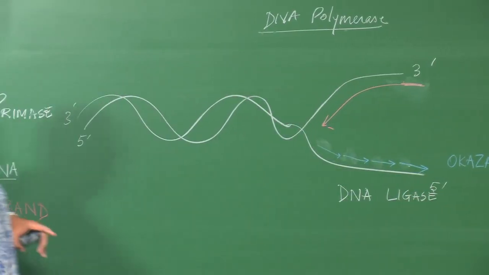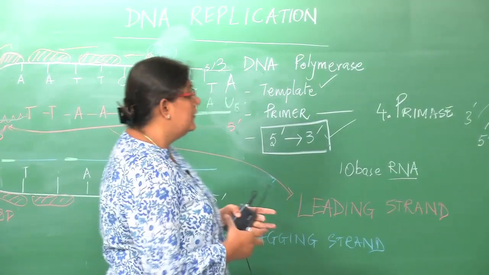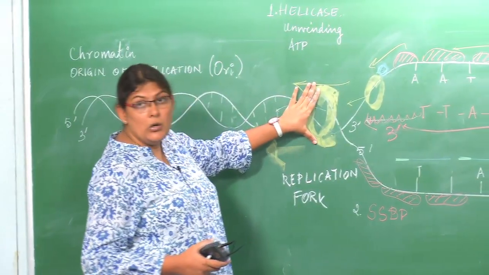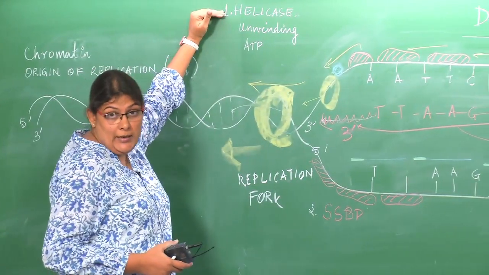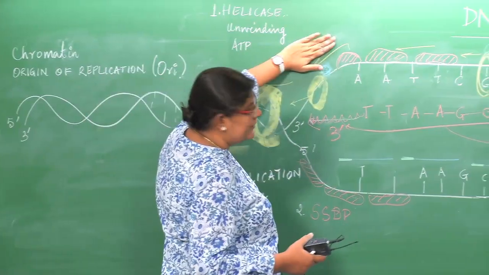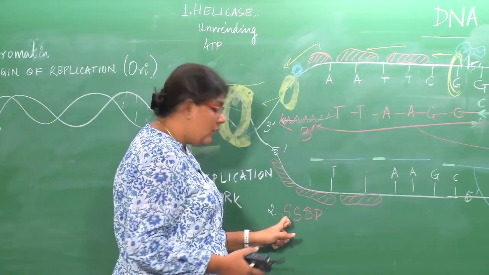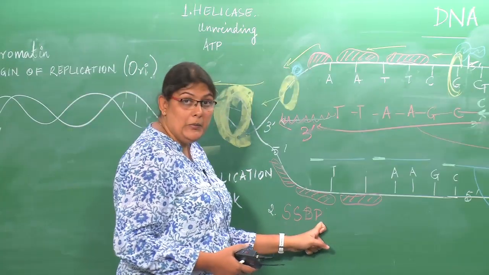So, what do you notice here is you started with a double helix, the helix got uncoiled thanks to the helicase, and the 2 separated strands were maintained in a separate position because of the single strand binding proteins.